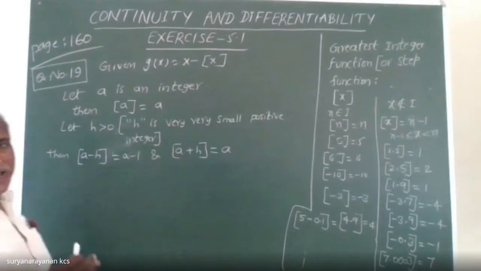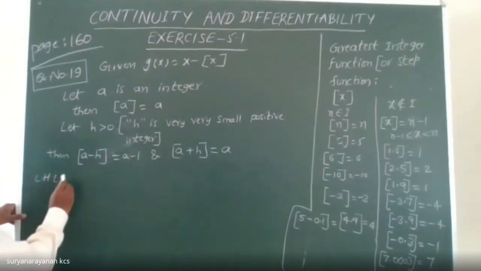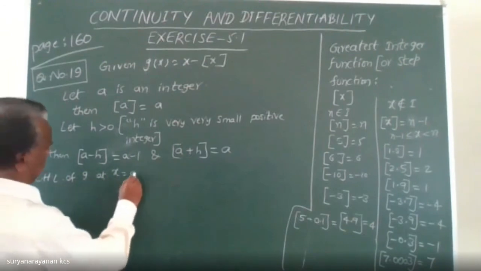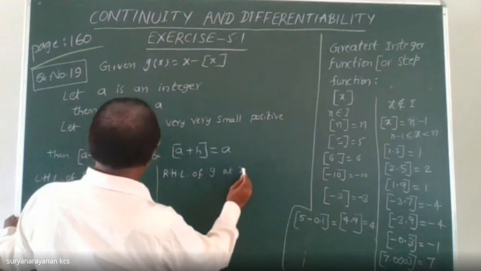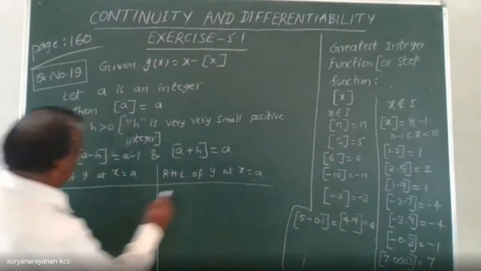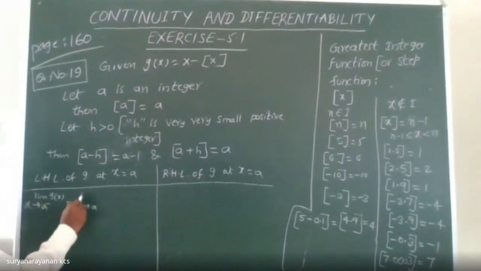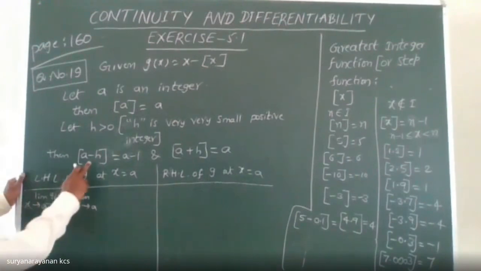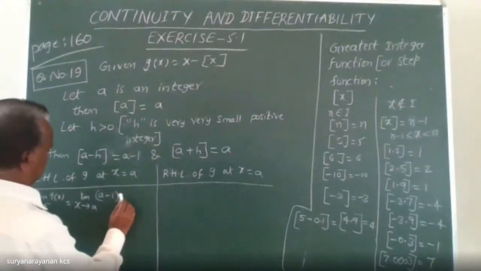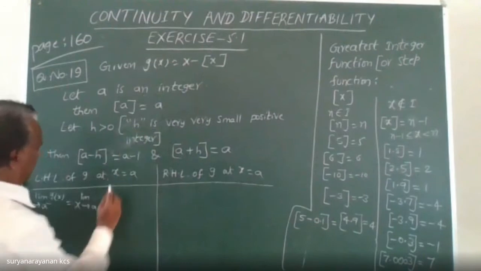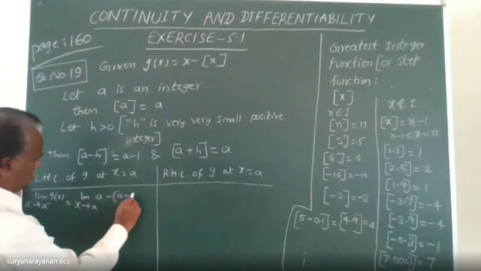Now let us find LHL and RHL at point A. As x tends to a minus, limit g of x is equal to, as x tends to a minus means we have to take like this, a minus 1, a minus 1.